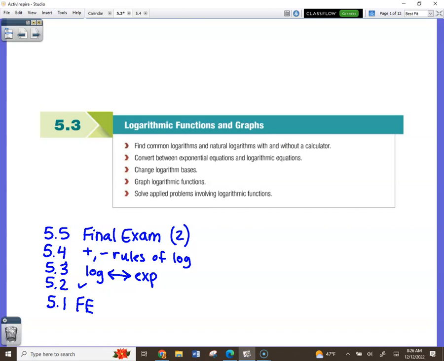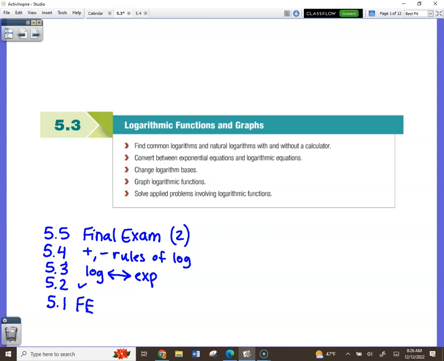So that's why we absolutely have to go through 5-3 and 5-4. We have to hit them because that is directly linked to 5-5. 5-5 is nothing new. 5-5 is just now put those together and solve the equation. Okay, so there's your roadmap for where we are.